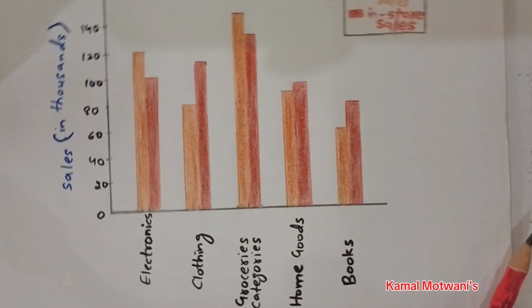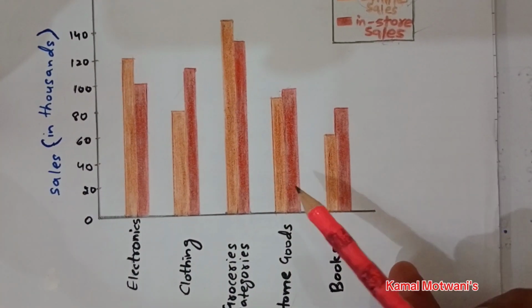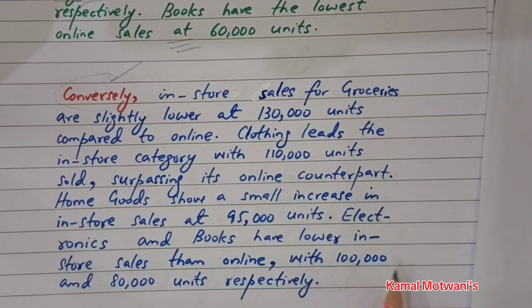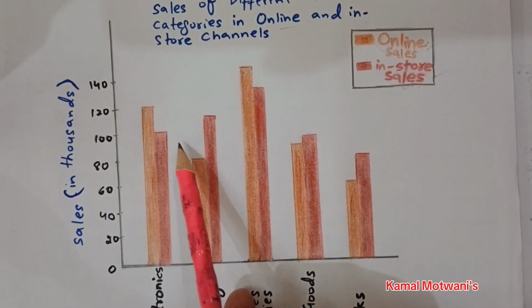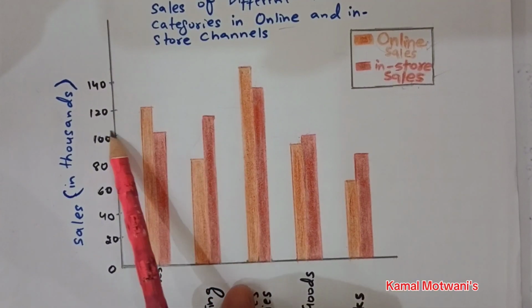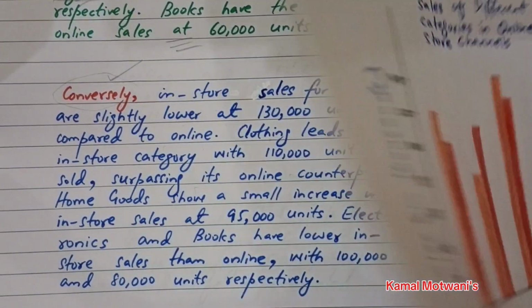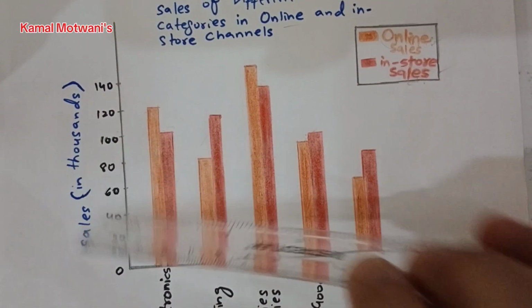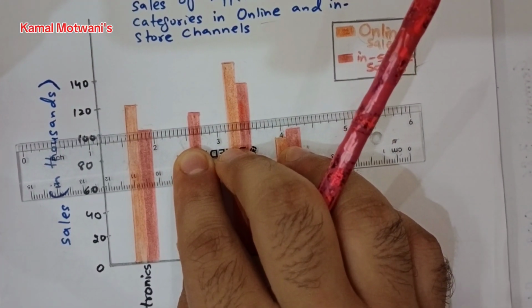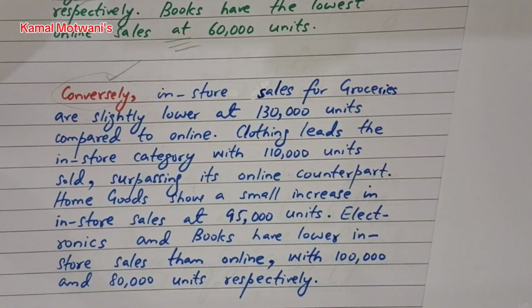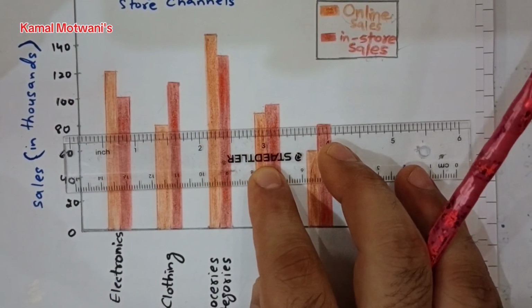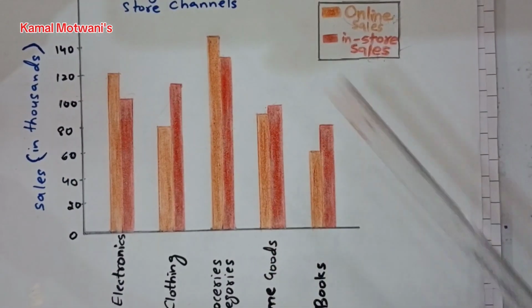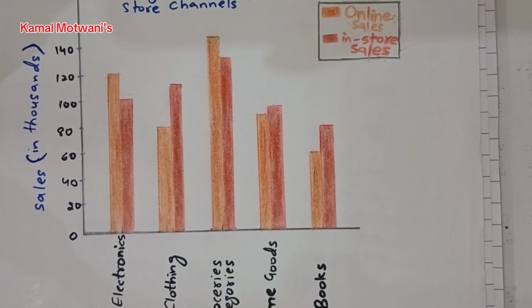We can see the in-store sales of books and electronics. You see, electronics are 100 and the other one, books, are 80,000. We can see books are here at 80,000. So they have the lowest in-store sales.